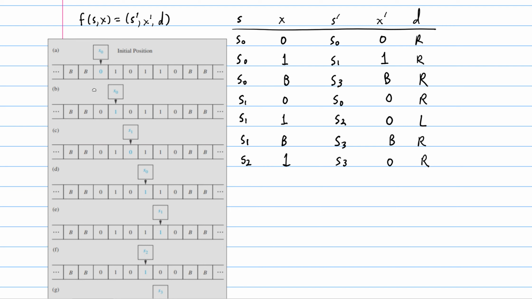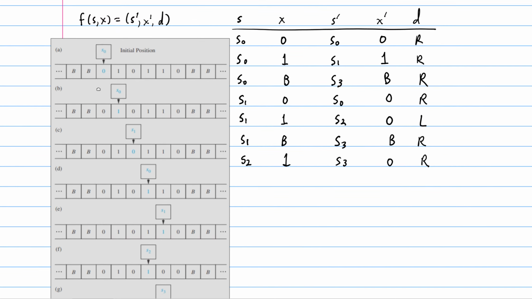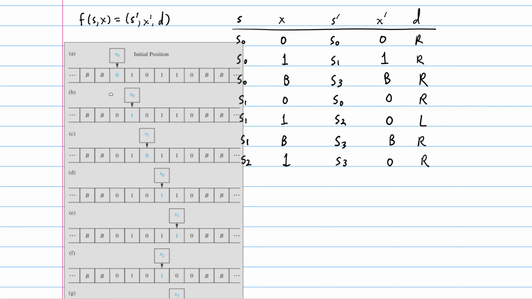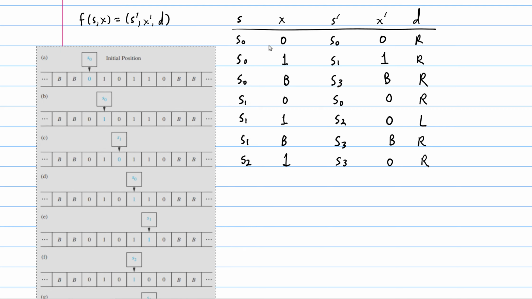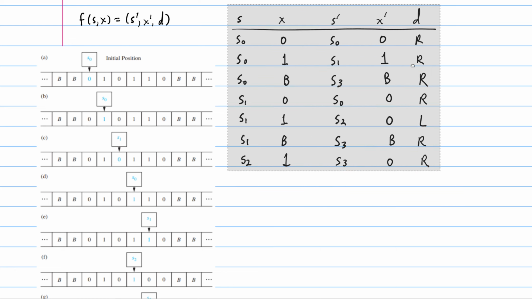All right, so I'll try to get this so we can see a little bit of what's going on. Here, I'll move the table in a second. So this is our transition rules, right?